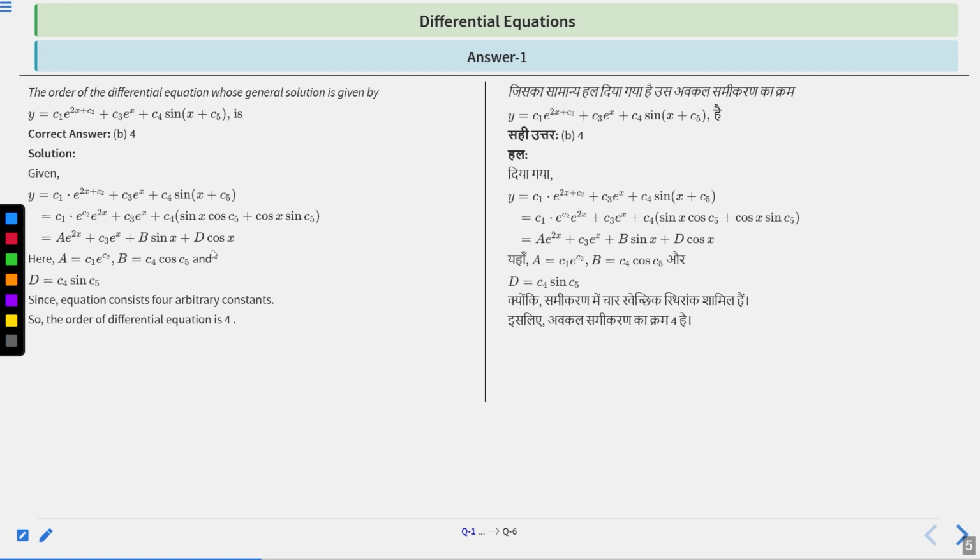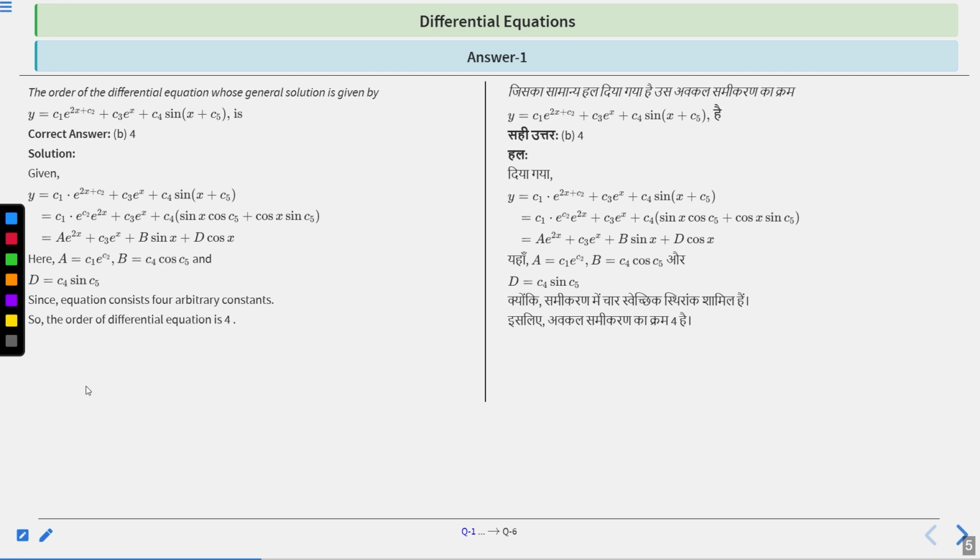So the given equation can be simplified as y is equal to a e to the power 2x plus c3 e to the power x plus b sin x plus d cos x. Here a is equal to c1 e to the power c2, b is equal to c4 cos c5, and d is equal to c4 sin c5.